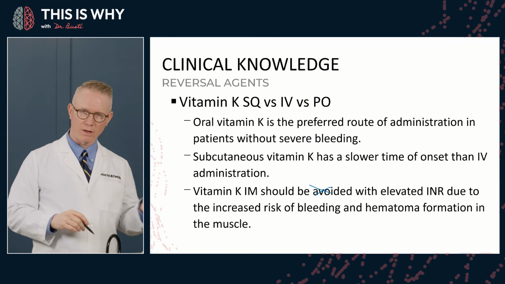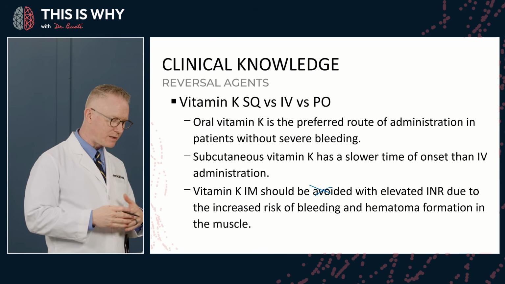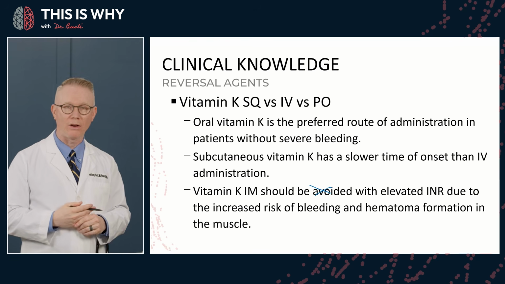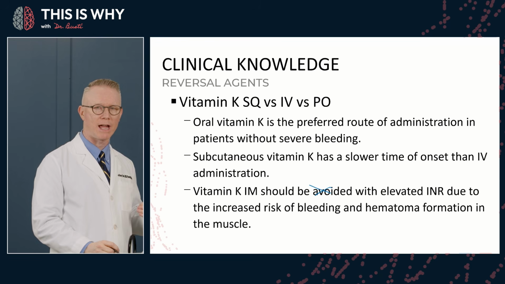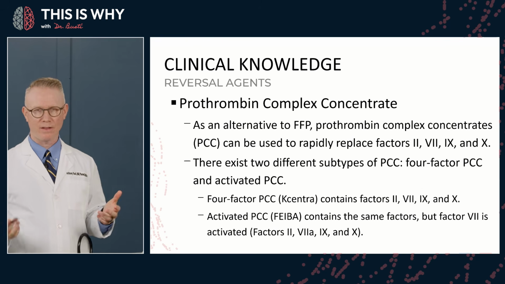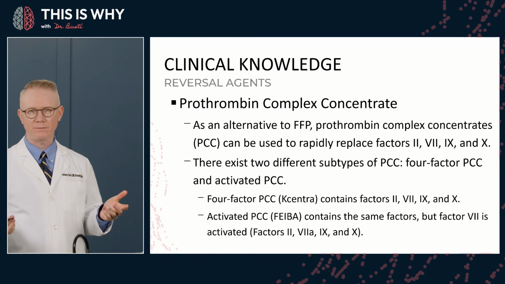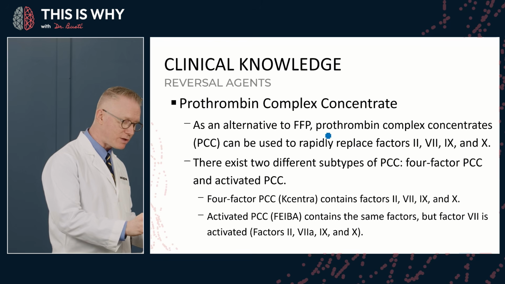Sub-Q will give a slower onset than IV, but typically we go with the oral route unless there is severe bleeding and they're bleeding in the GI tract, where typically those patients get nauseous and can vomit, and we don't want to interrupt that. An alternative is to use things like FFP.